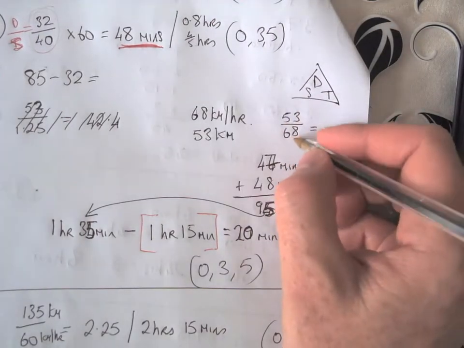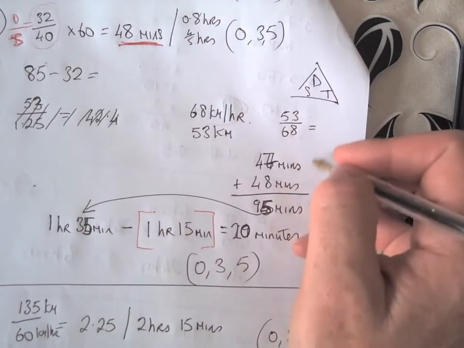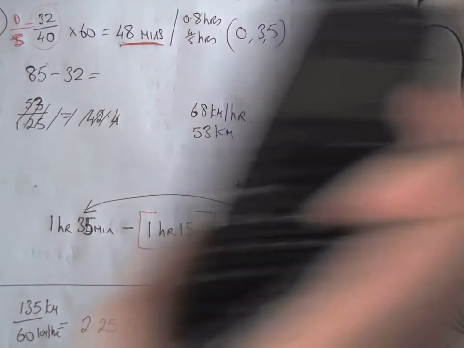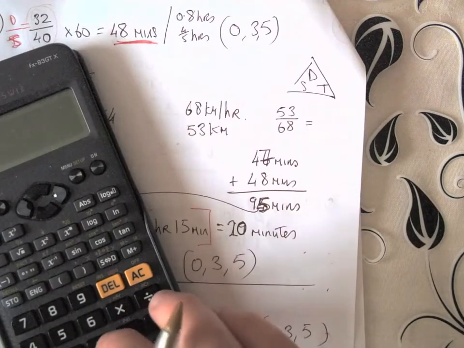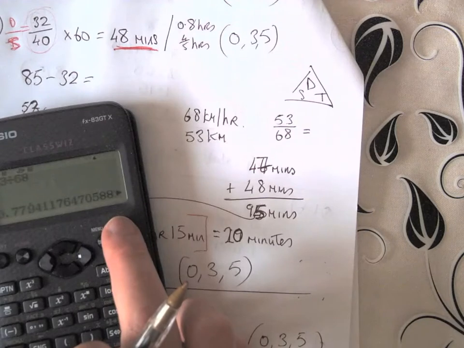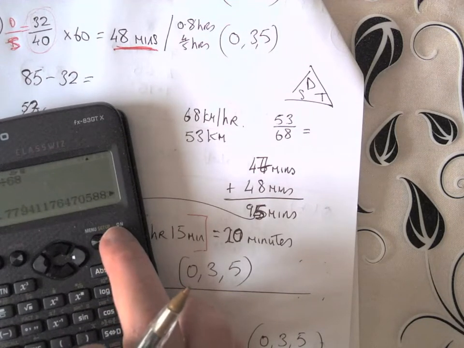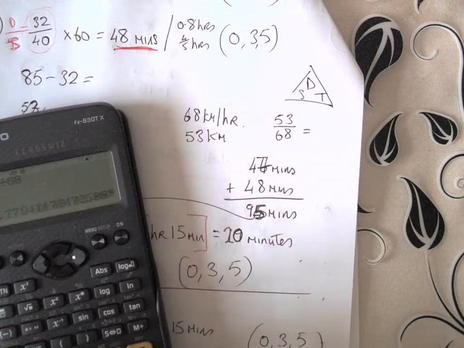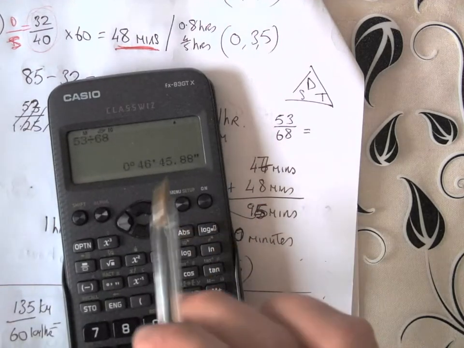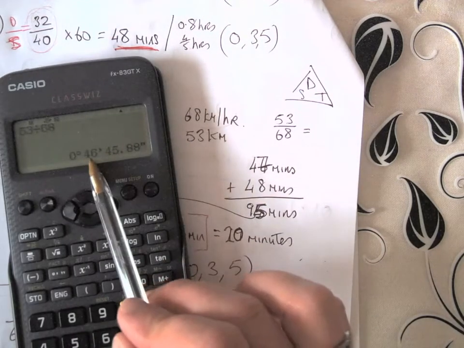And then 53 over his normal speed, which is 68 kilometres per hour, gives you 46. When we turn it into minutes, it's 46 minutes and 45 seconds, so it's closer to 47 minutes.